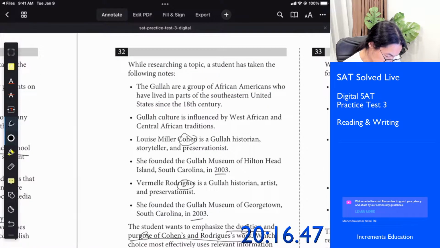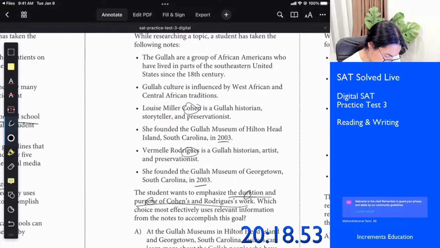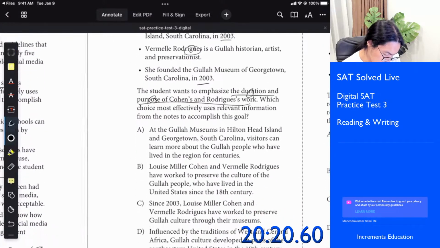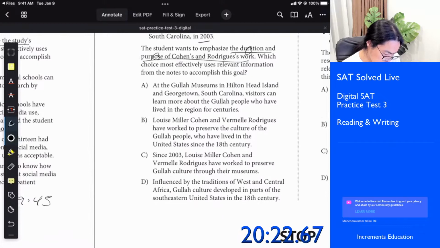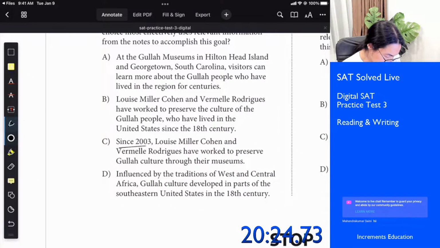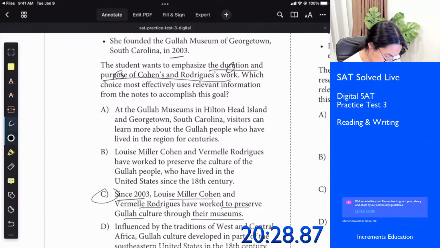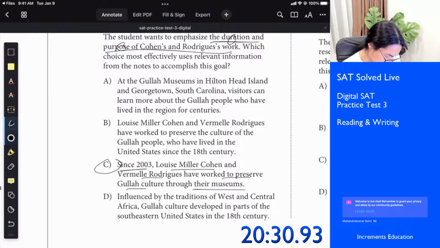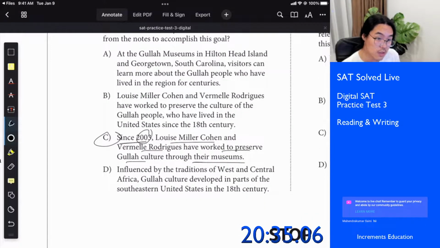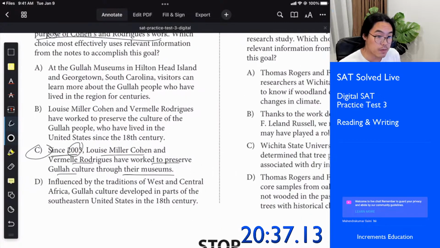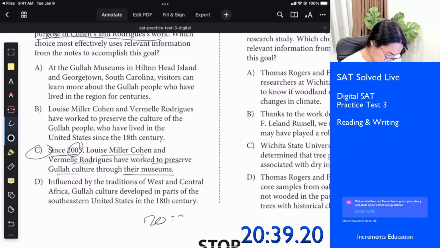The purpose is to preserve the history. Okay, so they both founded museums in 2003, and I've seen this before. So since 2003, they've worked to preserve history through the museums. Okay. Yeah. That's the only one with 2003, by the way. That's the only thing that has 2003. So that's what time is that? That's 2035.